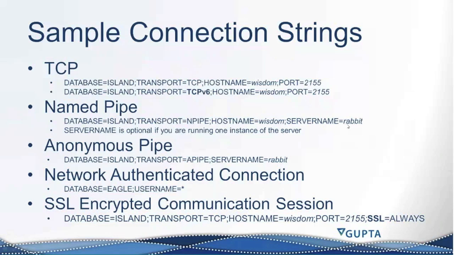When you specify the server name, it combines the server name, the host name, and the database name to find that server. If you are running one instance, the server name is optional. There is a default instance name for machines that have one SQLBase server running. And anonymous pipe is the same, it only requires a server name, it only runs on one machine, so the machine name isn't needed.